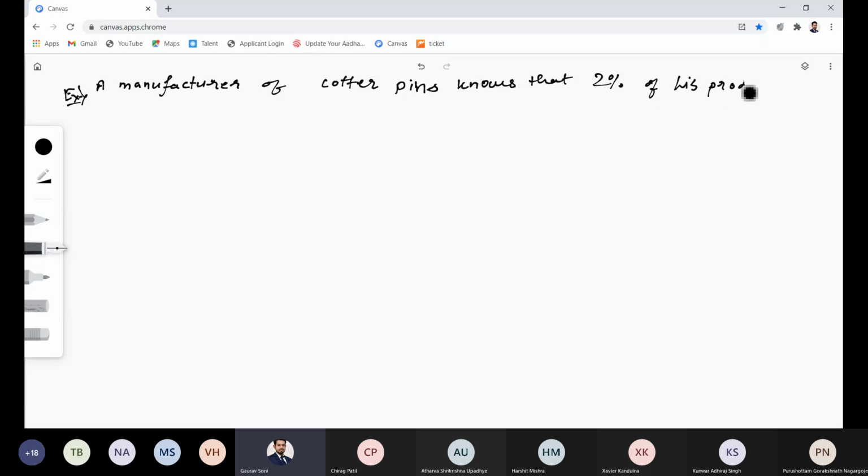A manufacturer of quarter pins knows that 2% of his product is defective.